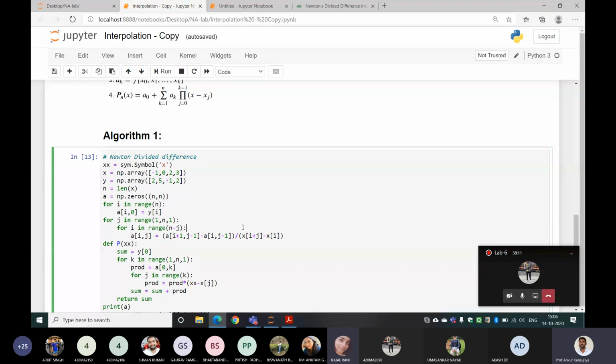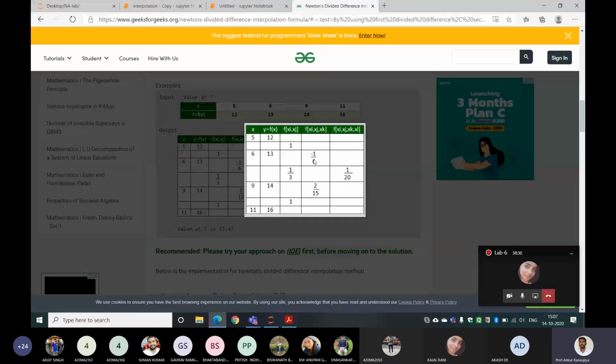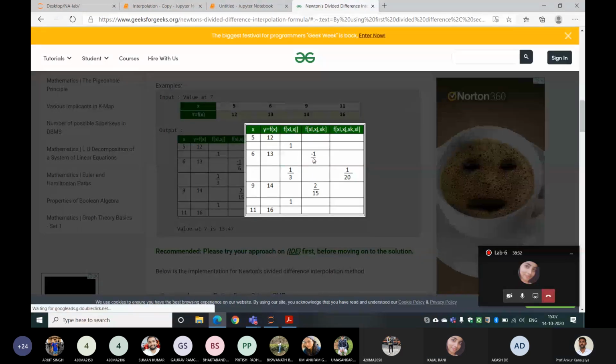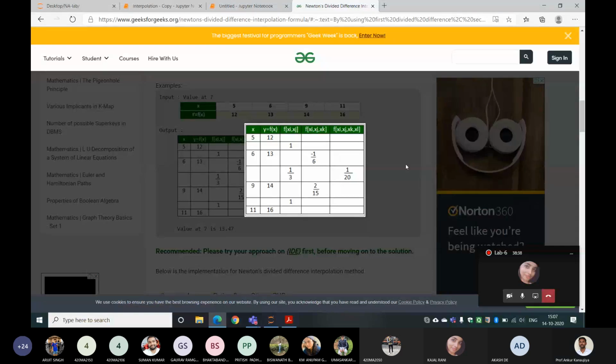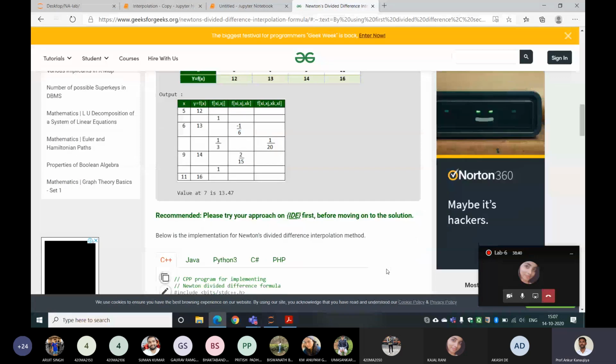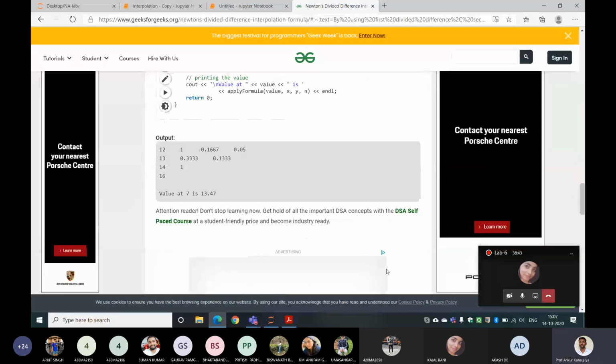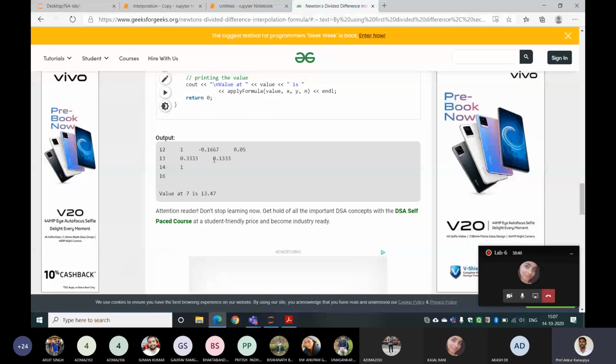Yes, sir. In a i j, whatever numerator you have written, I understand the j minus 1 part, because we need the previous column entries to calculate. But what is the i plus 1 and i row? Okay, see, suppose you want to calculate this entry, a i j. This is the ith row and jth column. So I will go here in the table. How will this entry come?